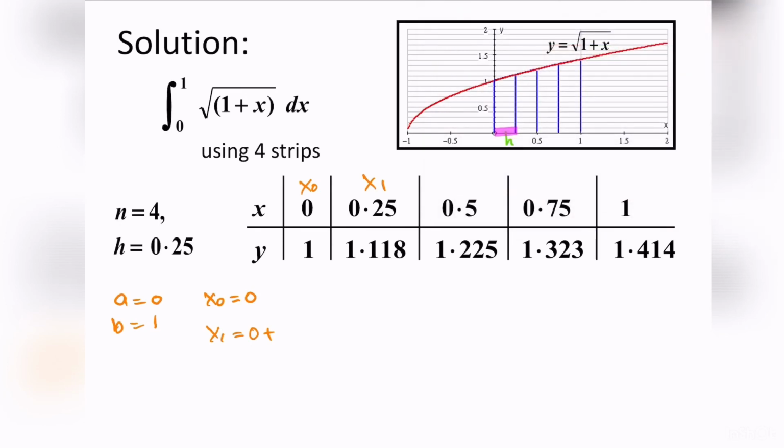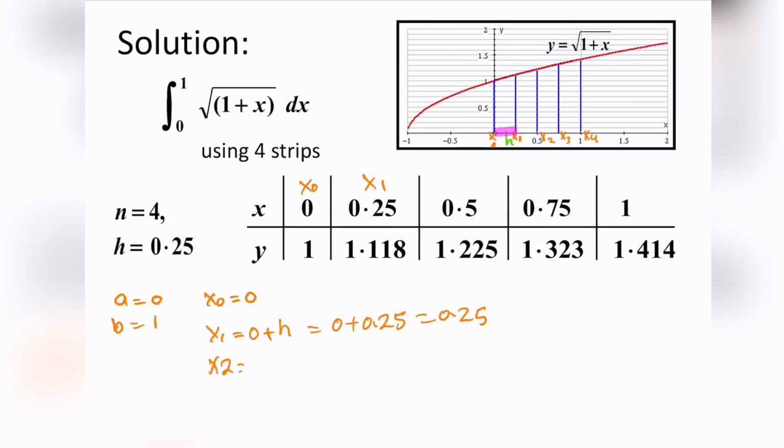So this is x1, and this is x naught, and this is x2, this x3, and this is x4, right? So x1 is going to be 0, which is the x naught, plus h, and that's 0 plus 0.25, which is 0.25. If you look at the table, it's 0.25.